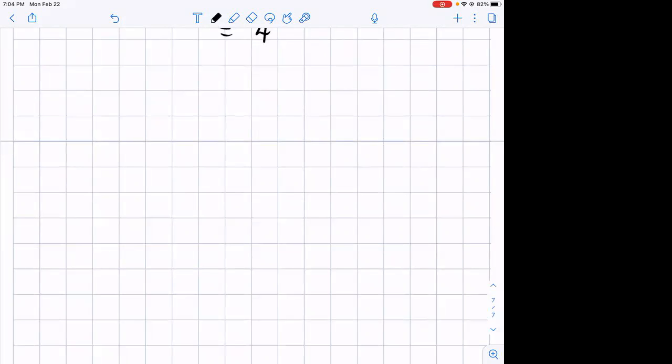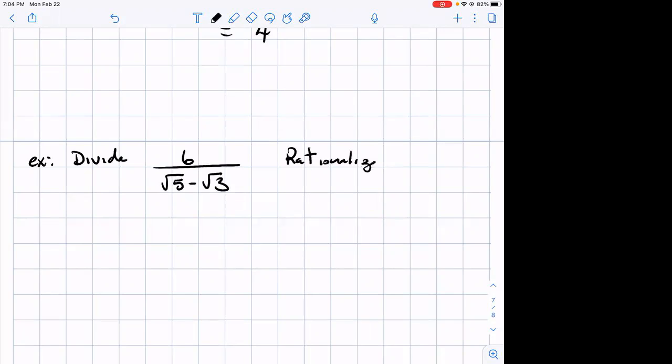So in my next example, if I said divide 6 divided by the square root of 5 minus the square root of 3, what I'm really asking you to do here is rationalize the denominator.